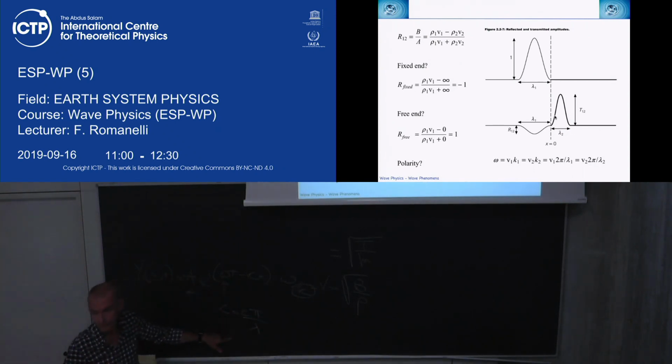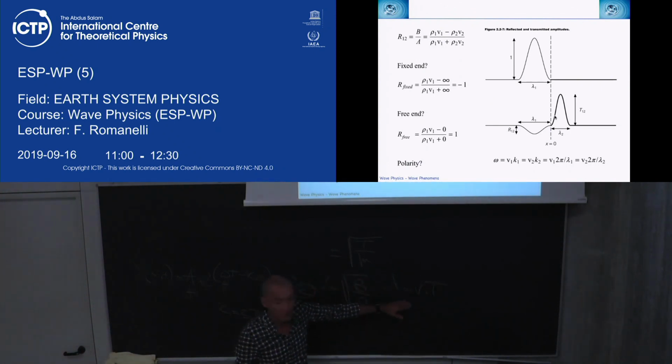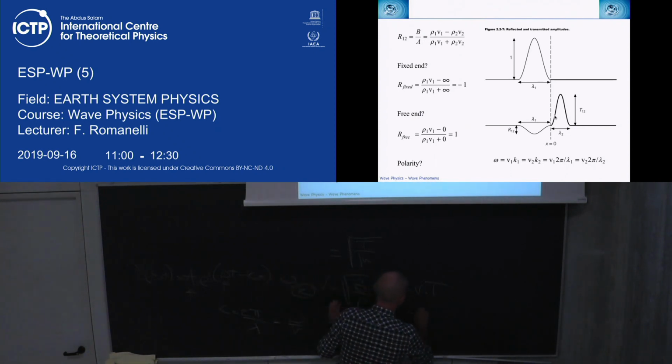By definition, it's related to the wave number, okay? But k is also omega over v. And lambda is nothing else than that. That's true for every wave system. Or you can write it over frequency. This is period, sorry, not tension. Of course, it's period.